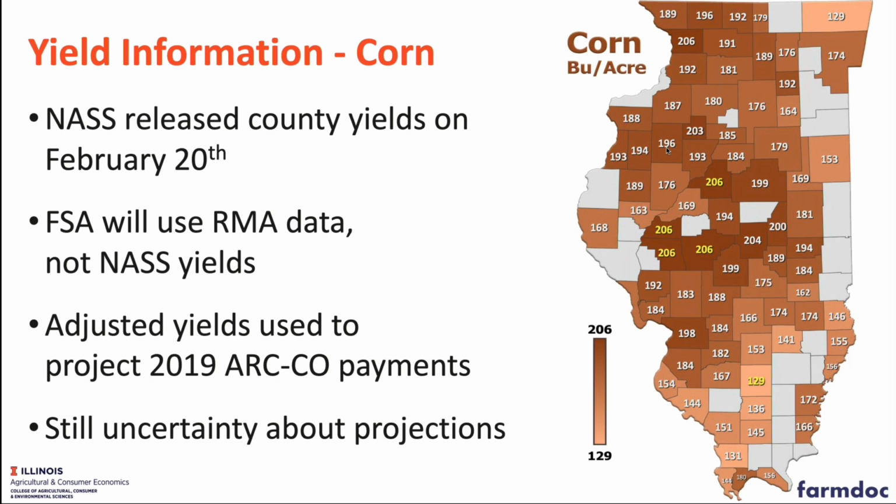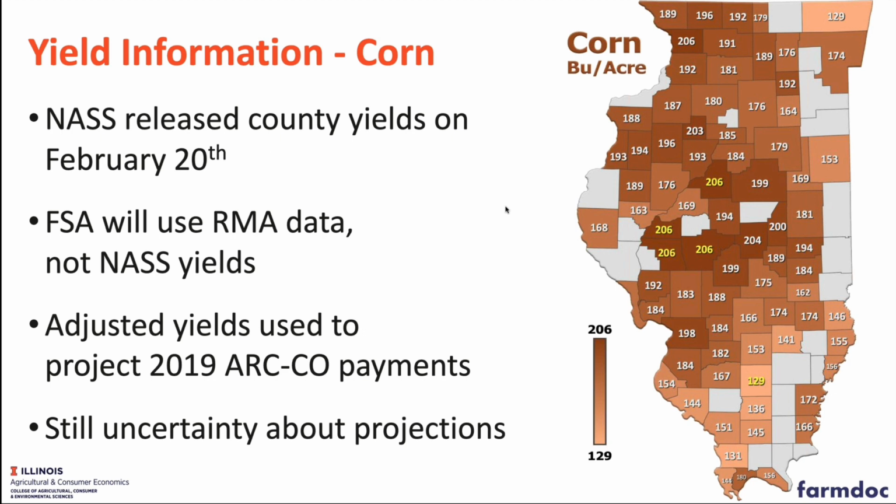You can see that particularly in the center part of the state, some of those are pretty high, 206 throughout this area right here, and that's even given the late planting that we had. Given those higher yields there, we would not expect ARC County to make a payment.